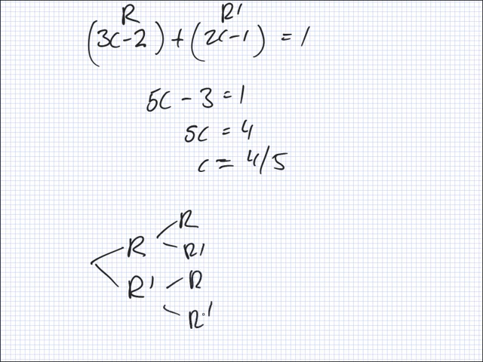Now what they were bad with in this question is they didn't actually stress the point that the events are independent. 3 times 4 fifths is 12 fifths, minus 2, which is 2 fifths, and 3 fifths.